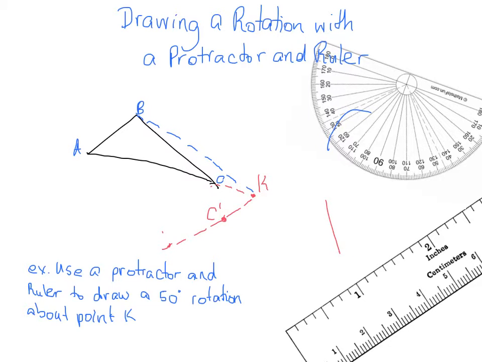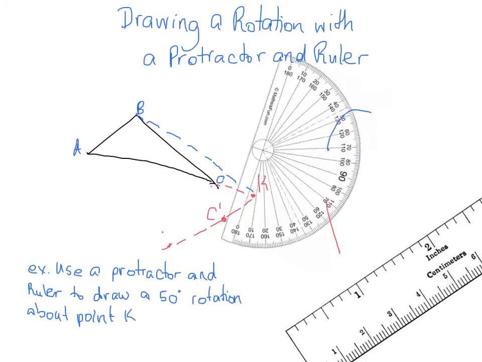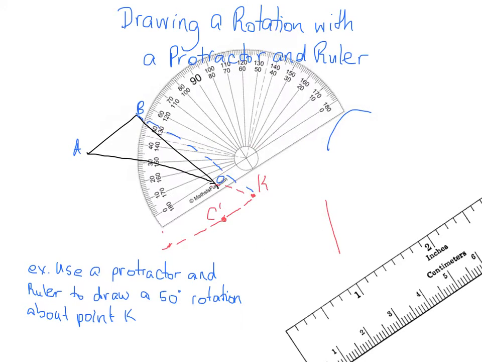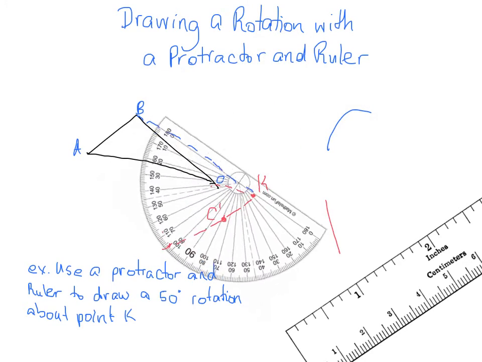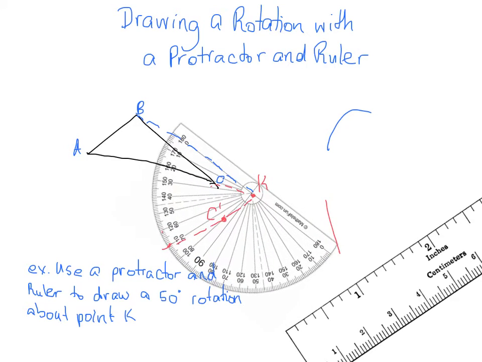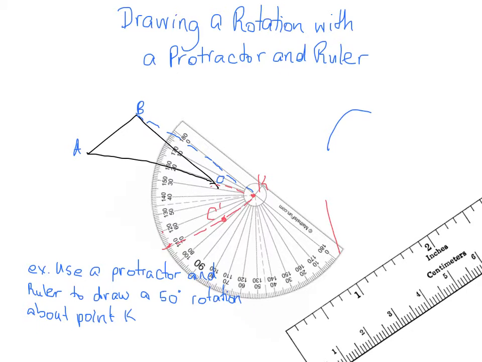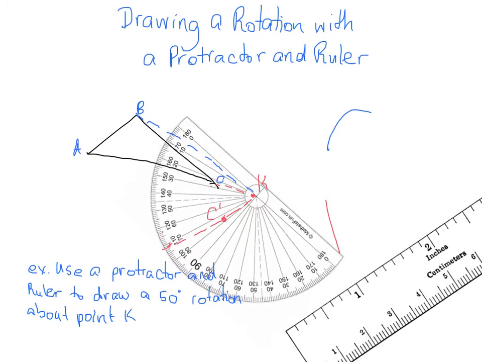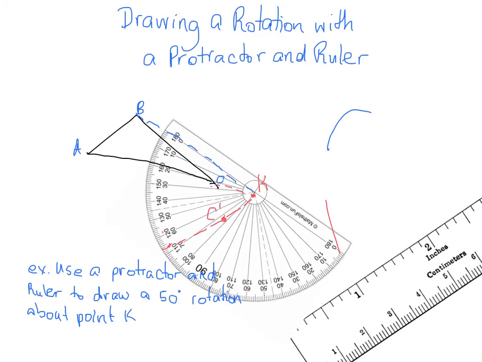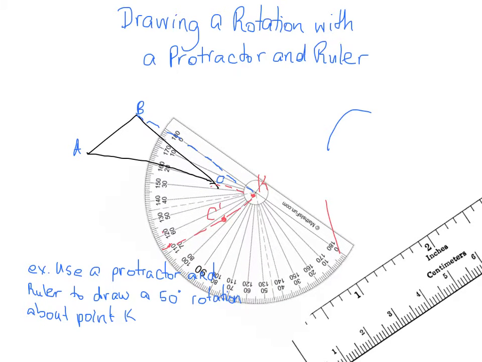And again, you take the protractor to measure out 50 degrees in the same way, lining up the center at K, 50 degrees right here.